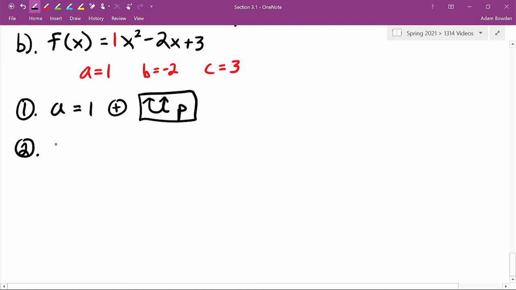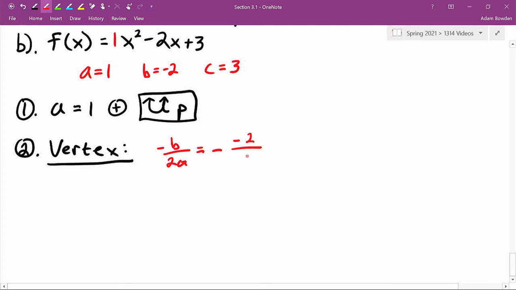And then we check to see where the vertex is. For the vertex, again, we use negative b over 2a. So I plug that in, and it would look like negative negative 2 over 2 times 1, which would be 2 over positive 2, which is positive 1.